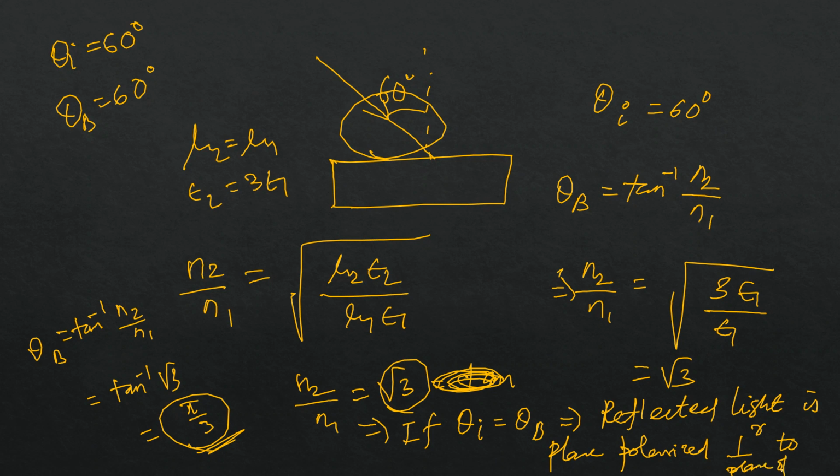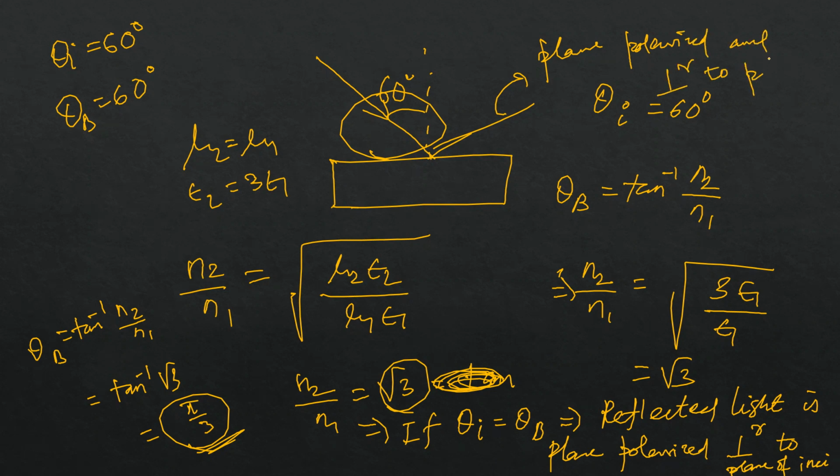Reflected light is plane polarized and perpendicular to the plane of incidence. This was your one question from Brewster's law.